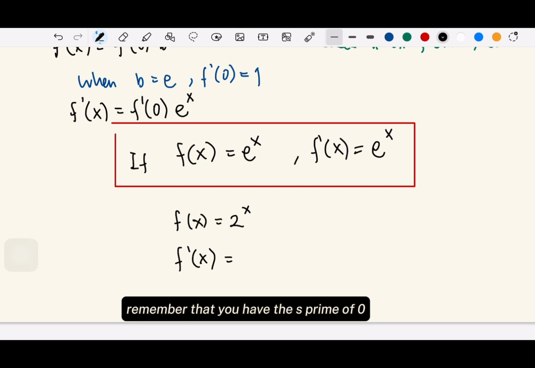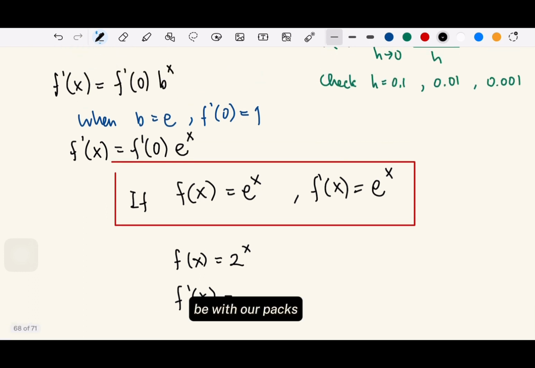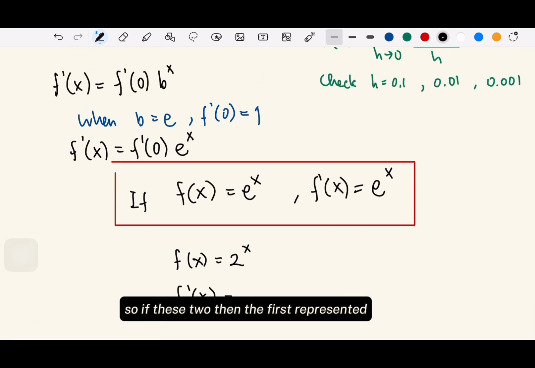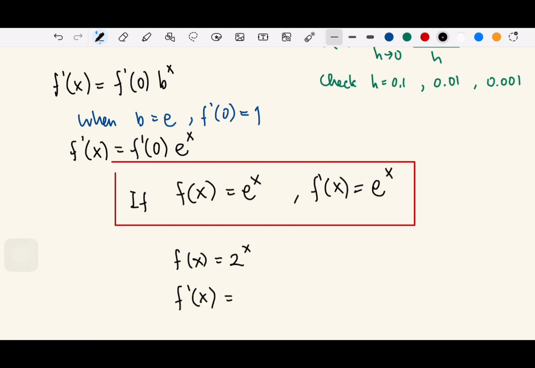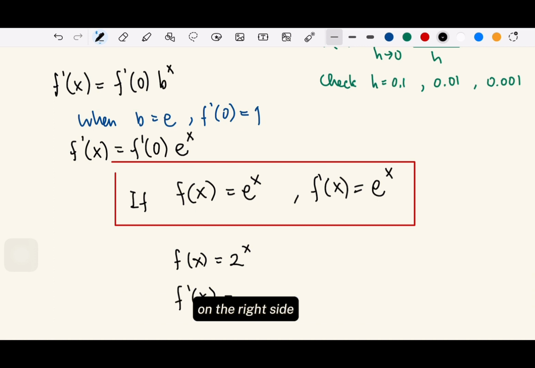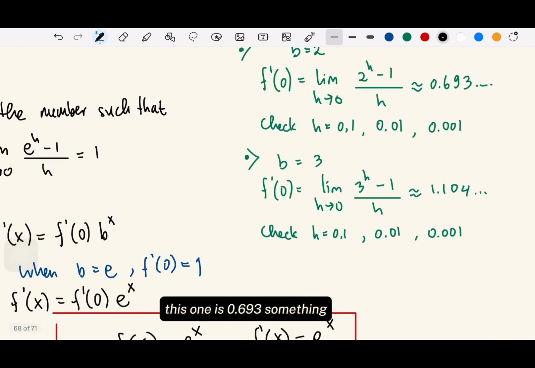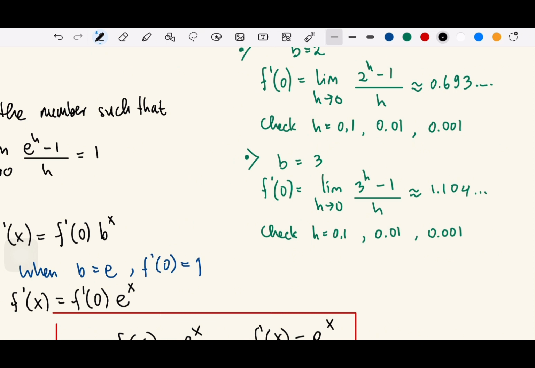Remember that you have the f prime of 0 multiplied with b to the power of x. So if b is 2, then what is the f prime 0? The f prime 0 is the one that we calculate on the right side. It's 0.693 something. And this one is for the number b equal to 3.